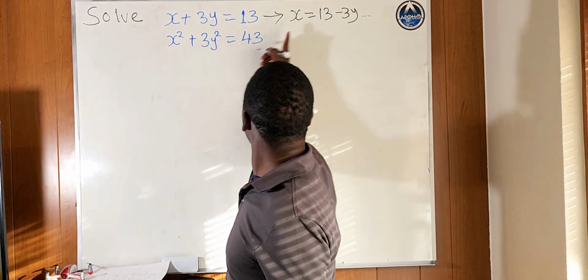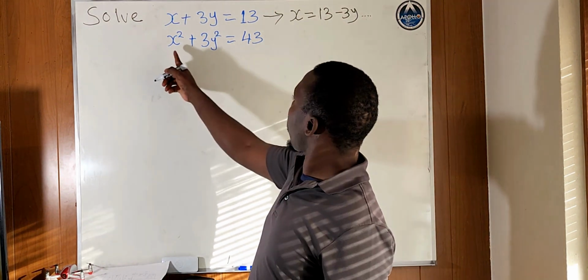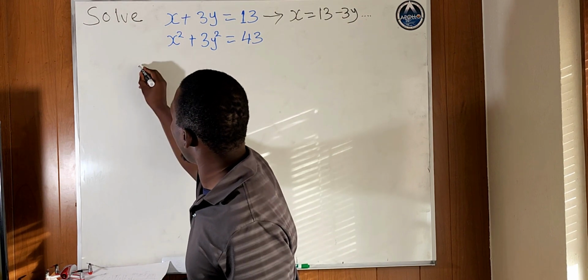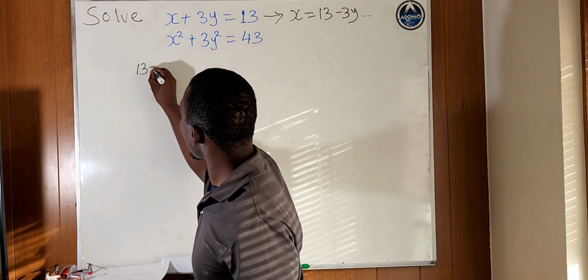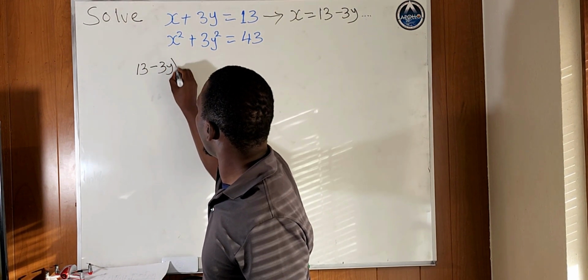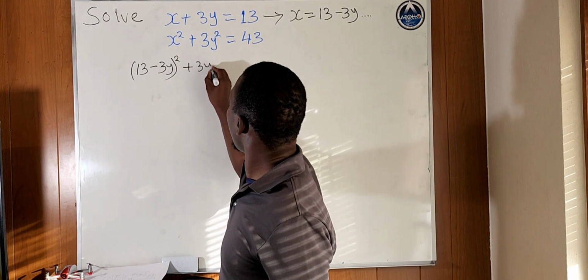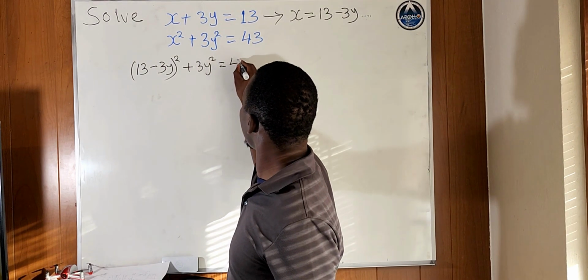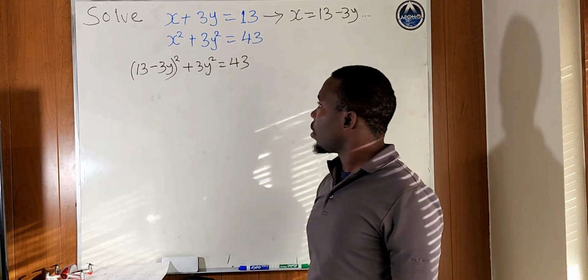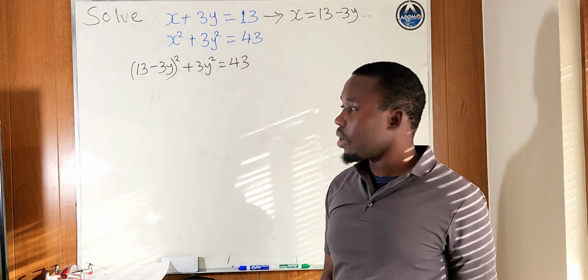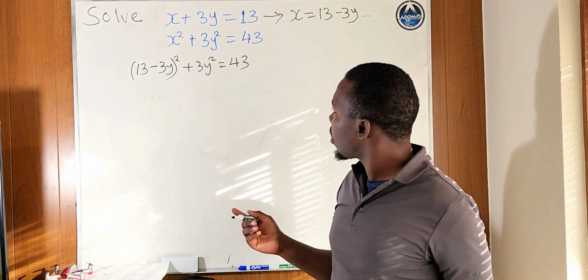Let's substitute x here. We put 13 minus 3y, everything squared, plus 3y squared equals 43. It's becoming a little bit complicated, but it's easy.